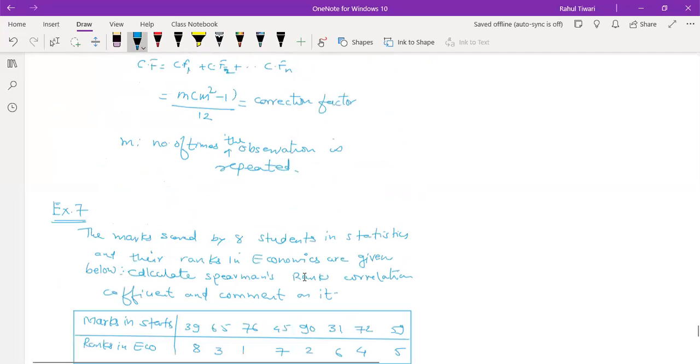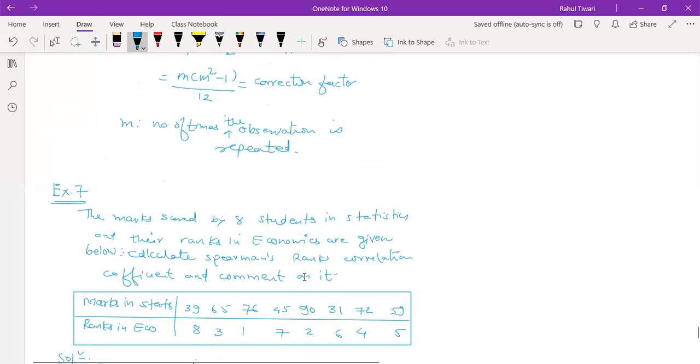But suppose it is not mentioned in the problem, then how do you know whether you can calculate that r or you will calculate the Spearman correlation? That is a very, very important part, right? So if marks in mathematics and marks in statistics can be assumed to be scale data, you can apply the normal formula.